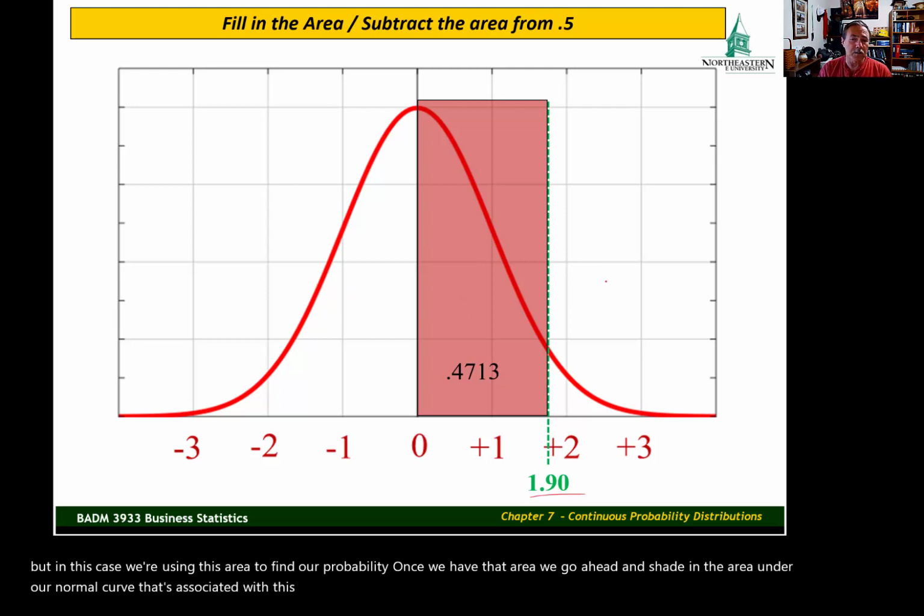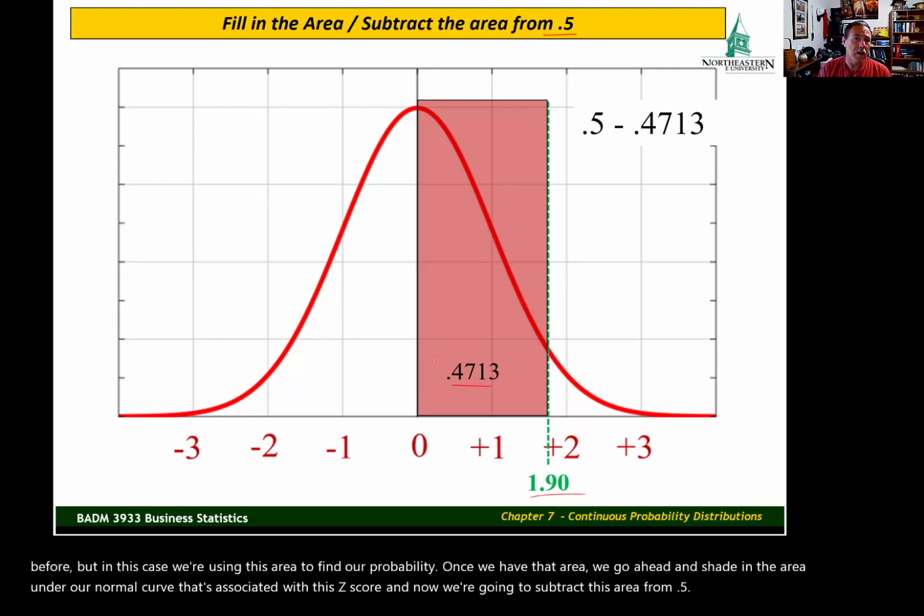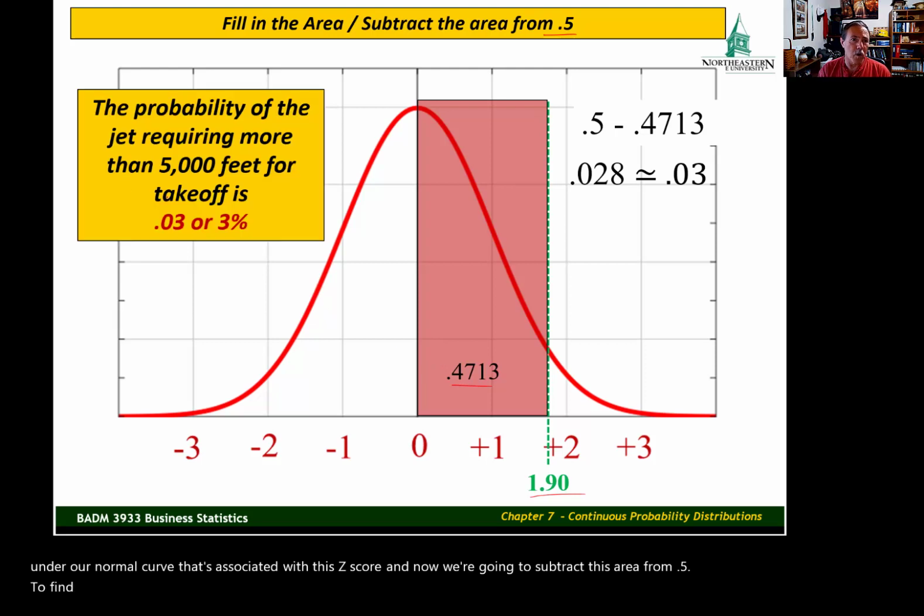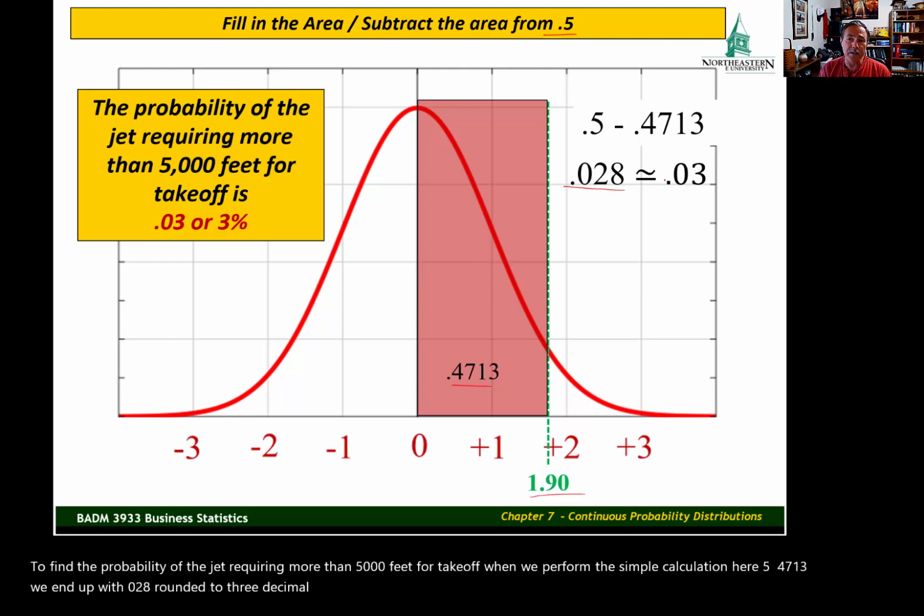Now we're going to subtract this area from 0.5 to find the probability of the jet requiring more than 5,000 feet for takeoff. When we perform the simple calculation here, 0.5 minus 0.4713, we end up with 0.028 rounded to 3 decimal places. We can further round that to 2 decimal places and end up with 0.03.